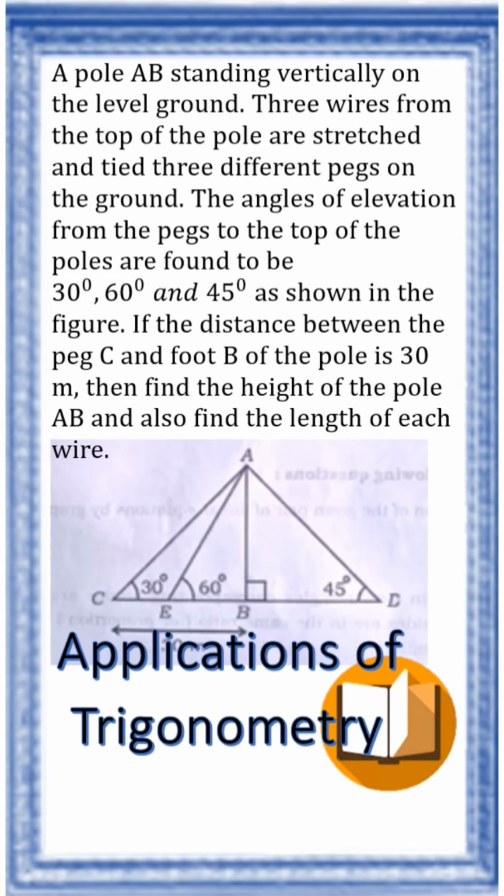The angles of elevation from the pegs to the top of the pole are found to be 30 degree, 60 degree and 45 degree as shown in the figure. If the distance between the peg C and foot B of the pole is 30 meter, then find the height of the pole AB and also find the length of each wire.